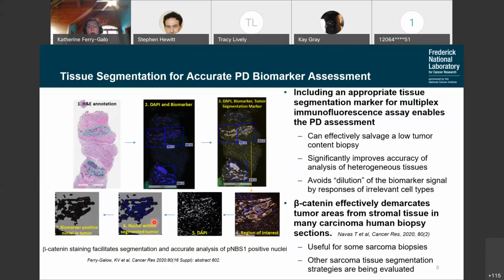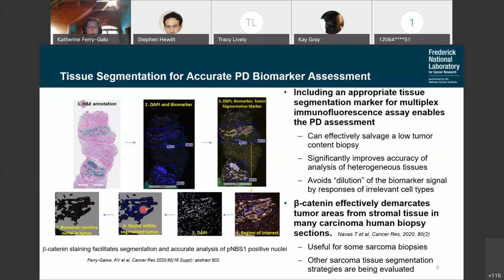Tissue segmentation for accurate PD biomarker assessment. Dr. Hewitt also commented on this: cellular composition or heterogeneity is an accepted complicating factor in adequacy and the analyzability of research biopsies. You're very typically having a very heterogeneous, sometimes low tumor content biopsy.